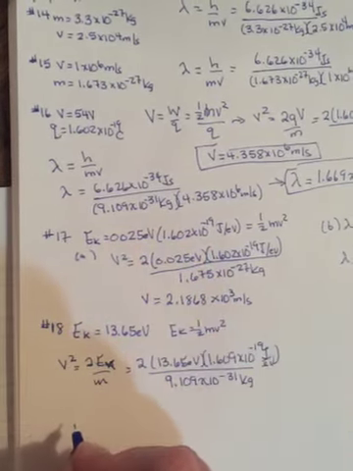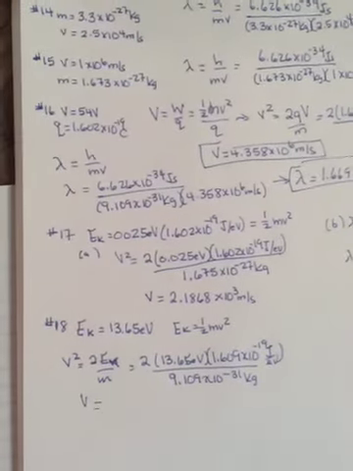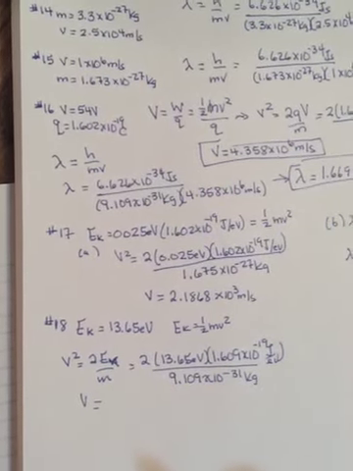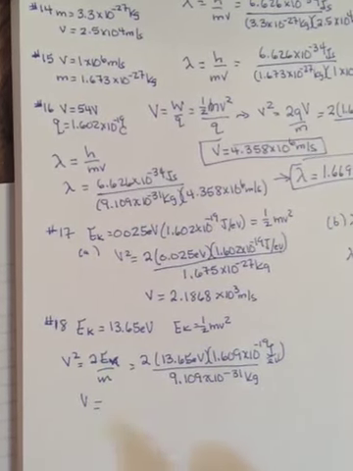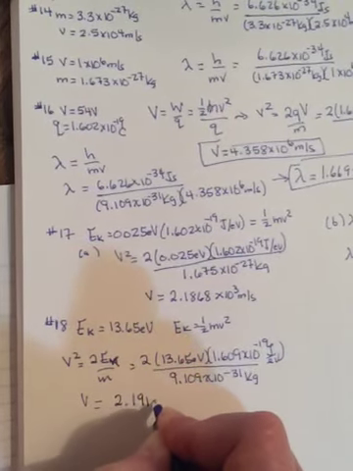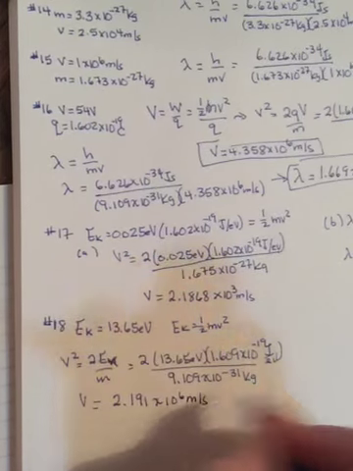And remember, this is v squared again, so you are going to have to take the square root. And when you do, you should get 2.191 times 10 to the 6th meters per second.